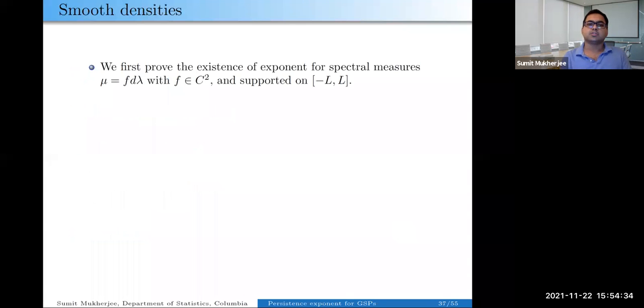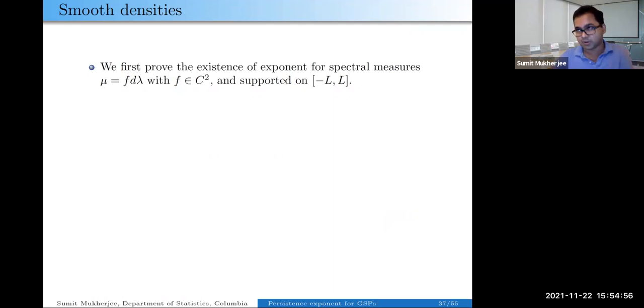Okay, so let's break down the proof technique into a few steps. This is a natural way to go, I guess. First, we start with functions which are very nice. By nice, I mean C2 functions that are compactly supported.